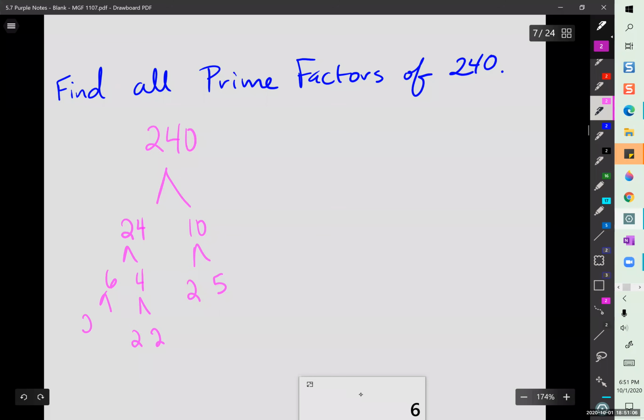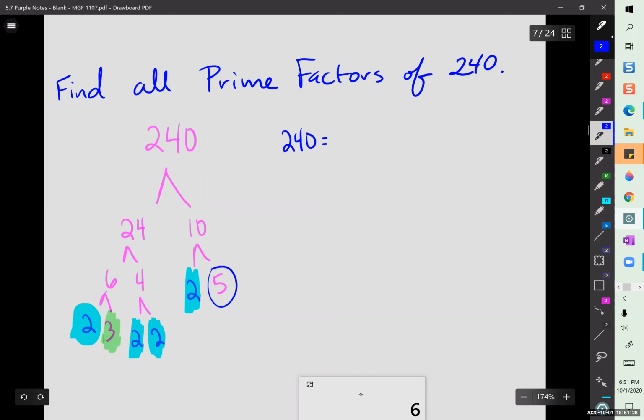So we keep dividing until at the end there are only prime numbers left. So 240 could be expressed as 2 occurs 1, 2, 3, 4.